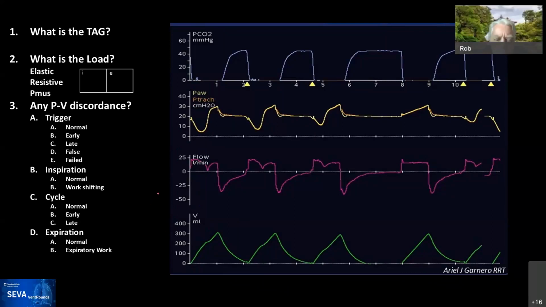Looking at the flow waveform, as I tend to do, we see some distorted, what look like rectangular flow waveforms, and one that is not. So we have a nice rectangular flow waveform that would suggest to me, when you look up at the airway pressure, that that's a form of volume control.